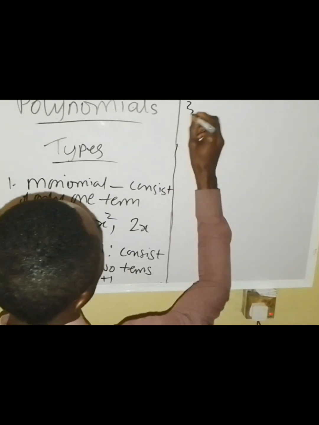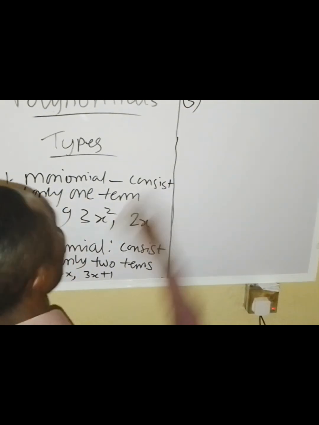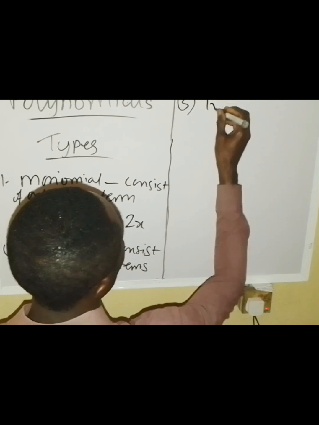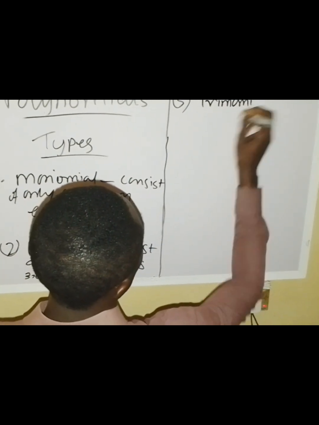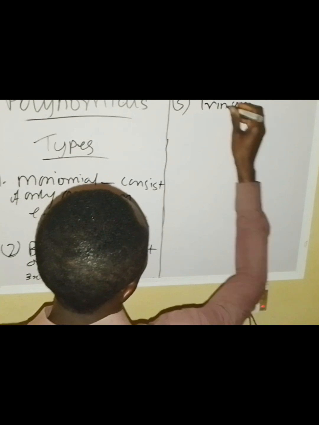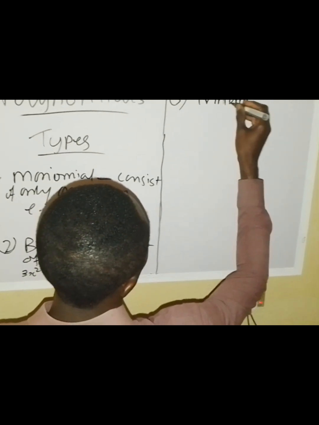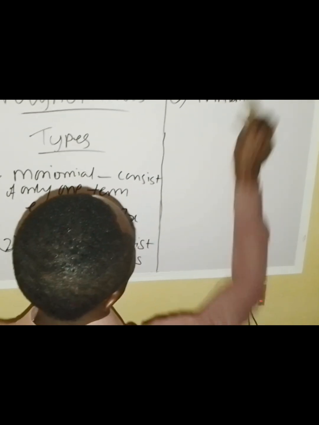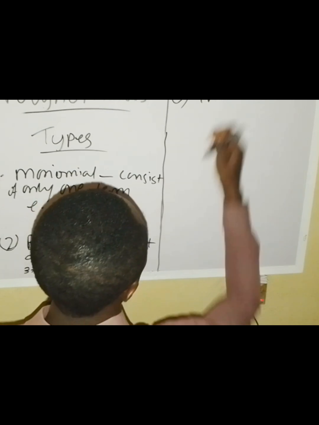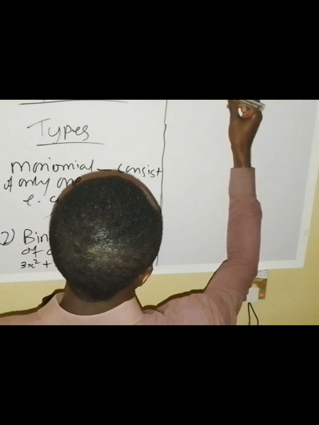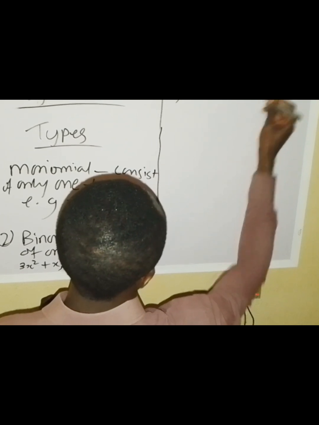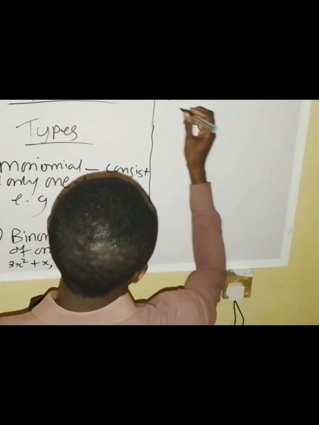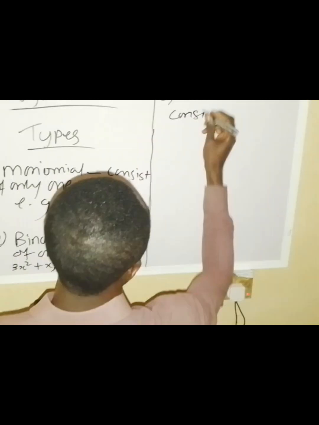So we have three, trinomial. And this will consist of only three terms.